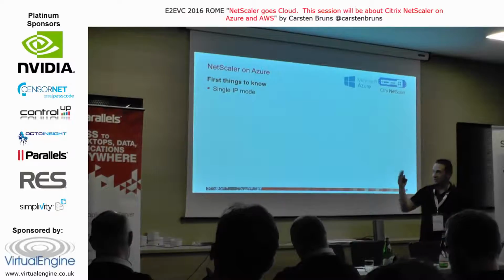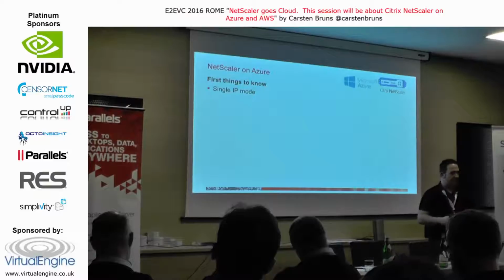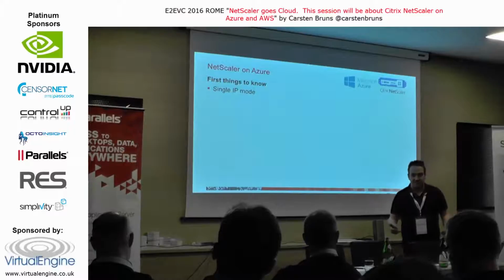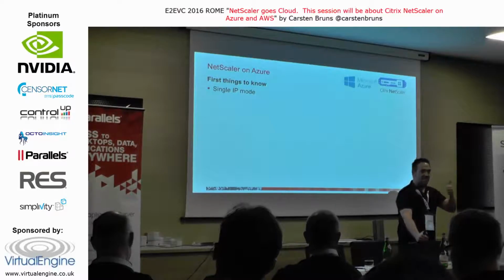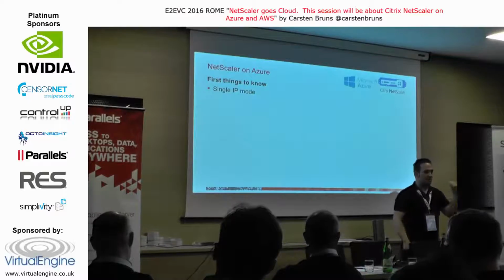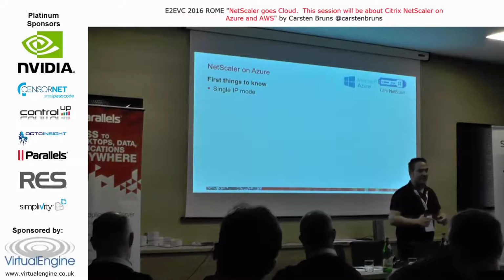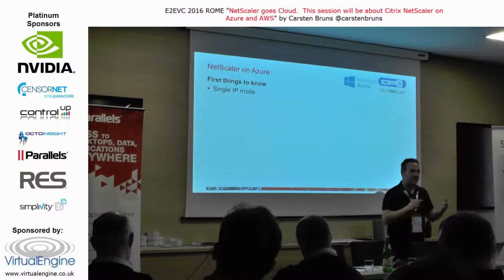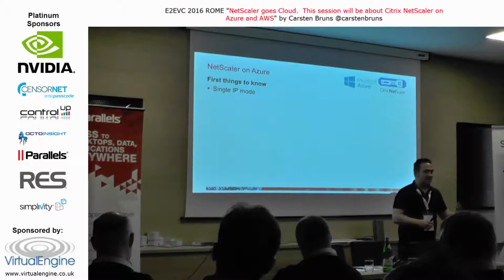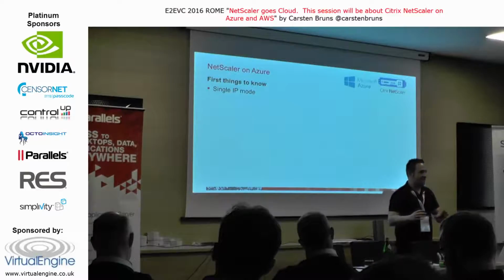It's really easy, it's really what is written there. Your NetScaler will only have one IP address. You will have one IP address for management. You will have the same IP address for all your vServers, for NetScaler Gateway, for all your load balancers. It will always be the same IP address.